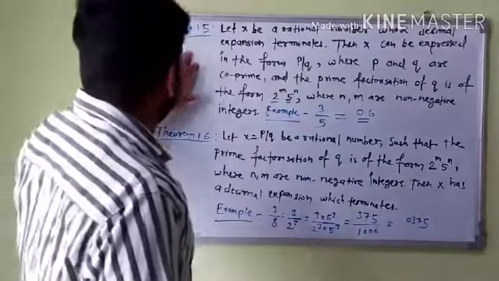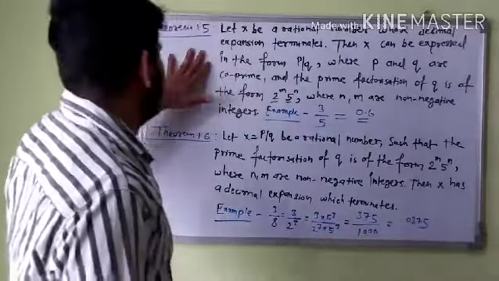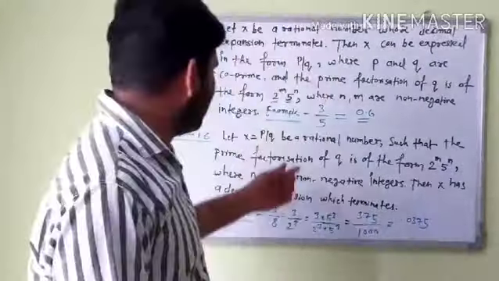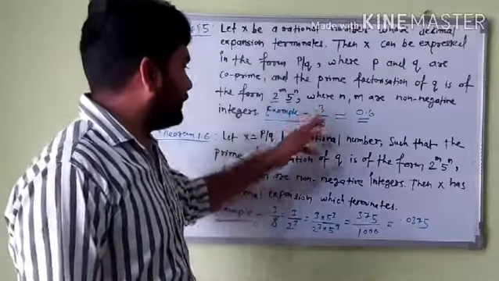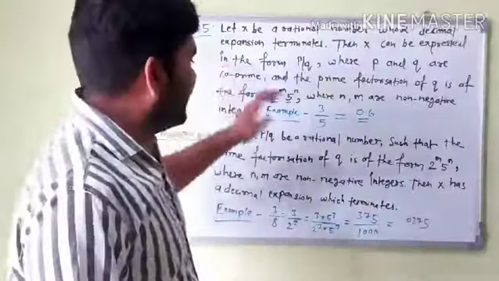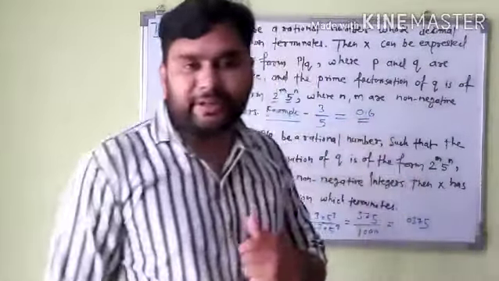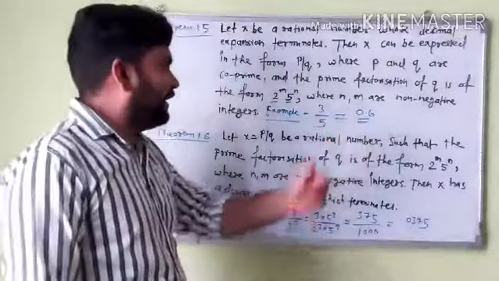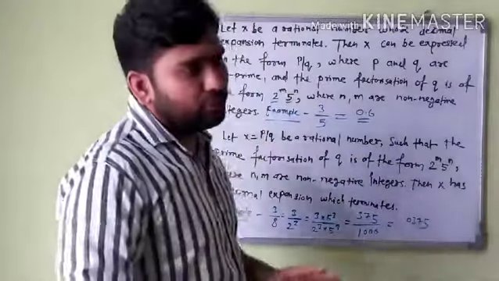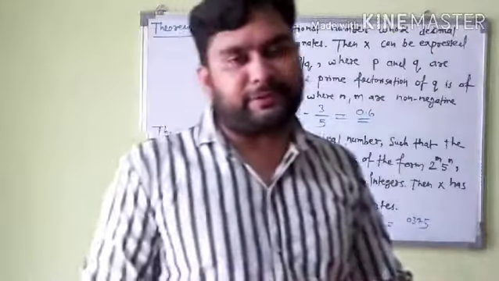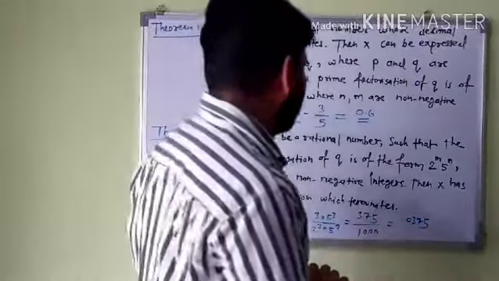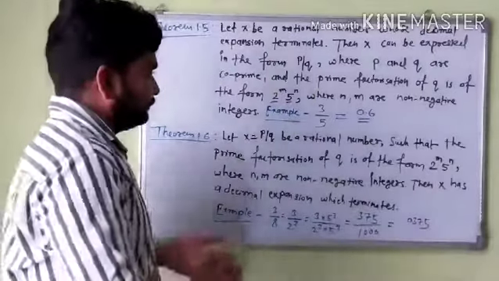Theorem 1.5 says: let x be a rational number, any rational number, just like 3/5. A rational number is of the form p by q, and its decimal expansion terminates. A terminating decimal is one where after the decimal there are no more digits after some point.